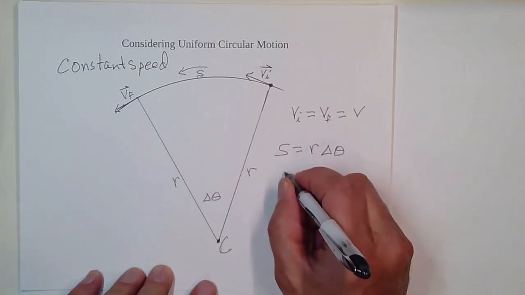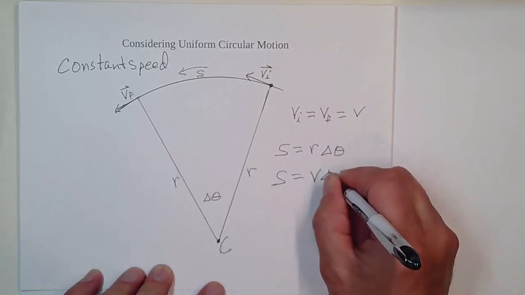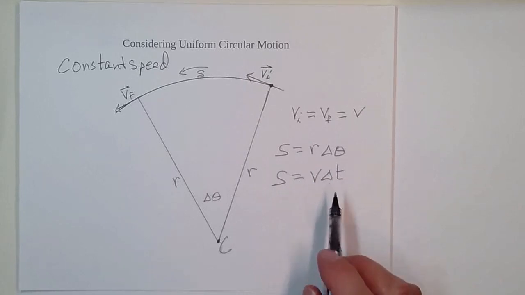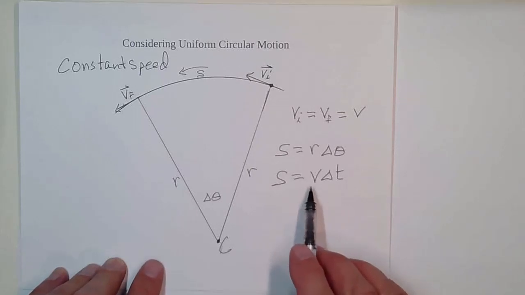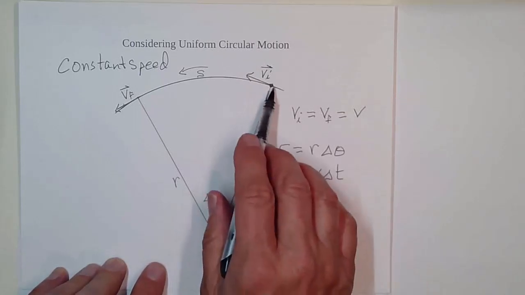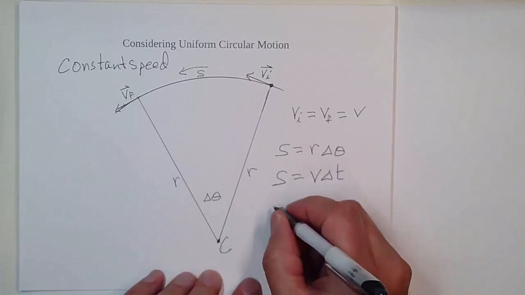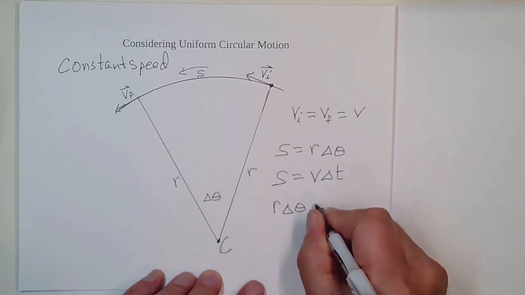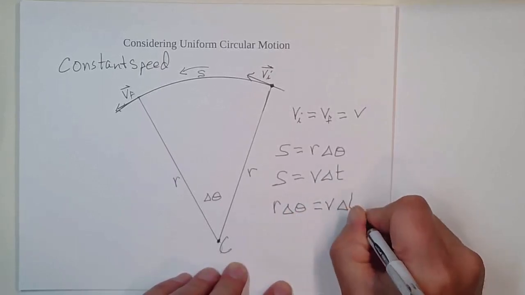But it's also going to equal v delta t, because it's moving at constant speed. If I just multiply that constant speed by a time interval, I get the distance it has traveled along this circular path. And so I can say that r delta theta is equal to v delta t.